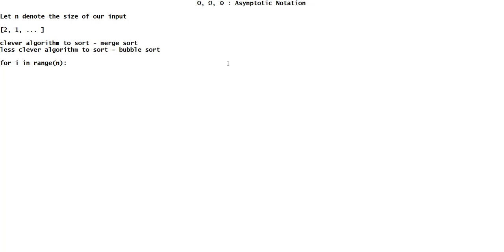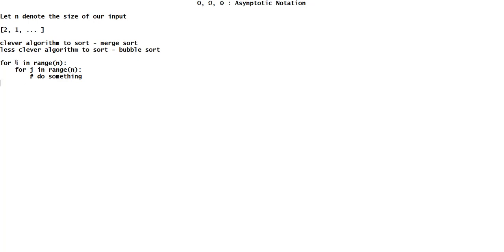and for j in range n, do something. So this do something, how many times will it do this same something?